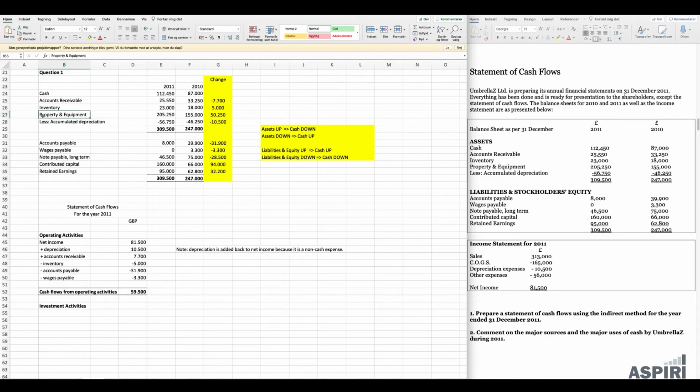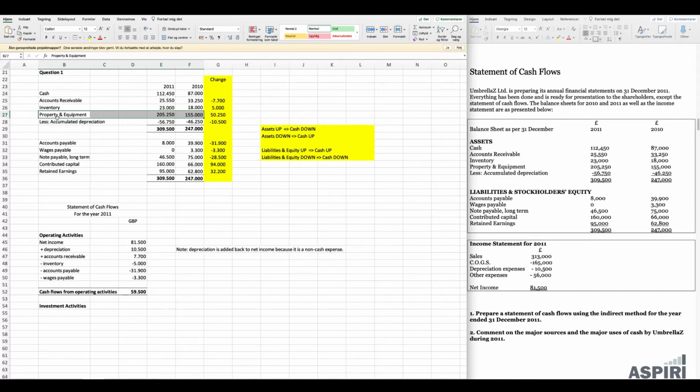And in this case, we can see that property and equipment is a non-current asset, meaning that it has an expected lifetime of more than a year. That's generally the case for property and equipment. And you'll notice that it has gone up from 155,000 to 205,250.